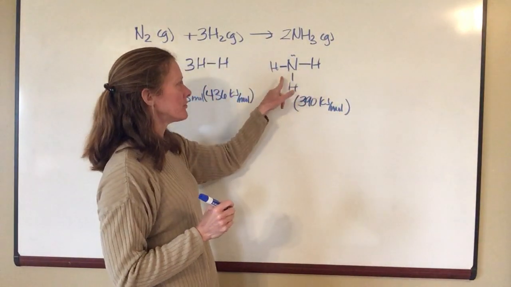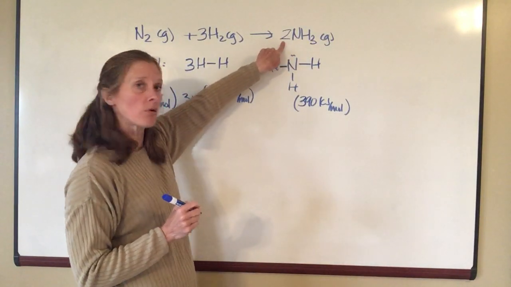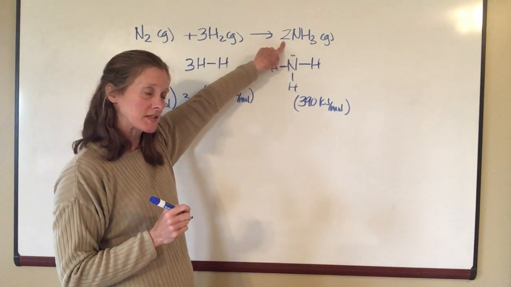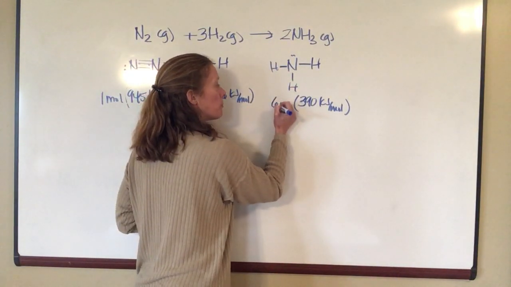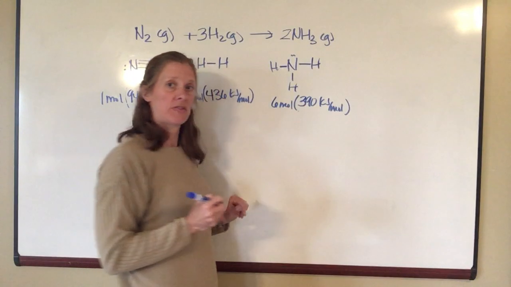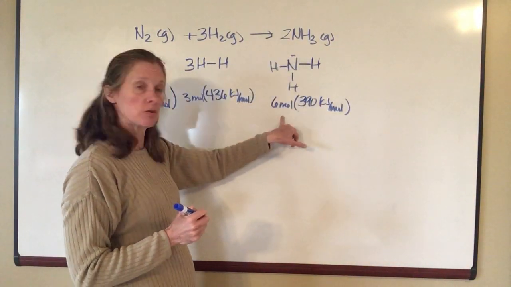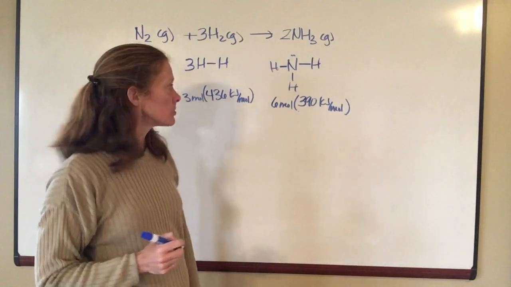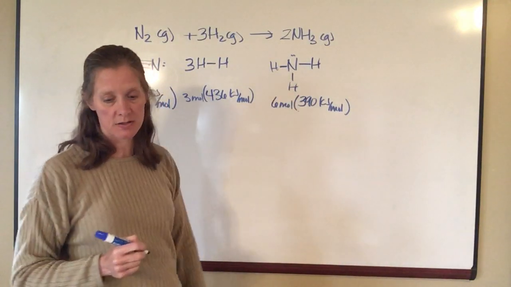There are 3 of them present in this molecule, but I have 2 moles of molecules present, so that's going to give me a total of 6 moles of bonds, because I have 3 times 2, which makes 6. Okay, so this is the energy that's going to be required to make these bonds.